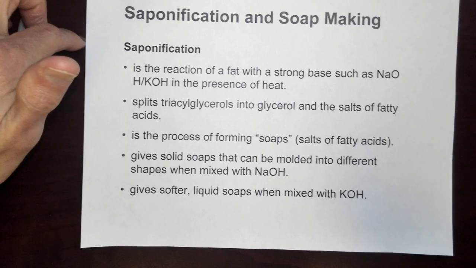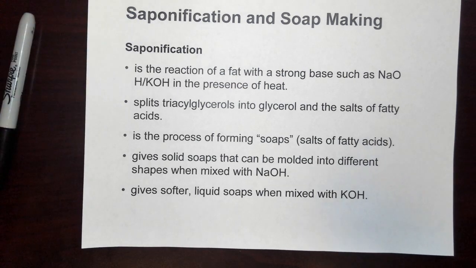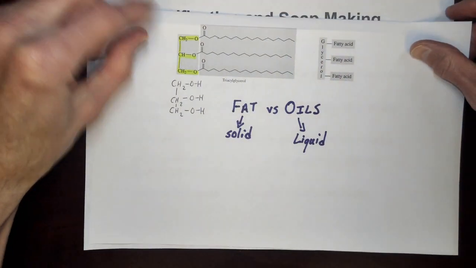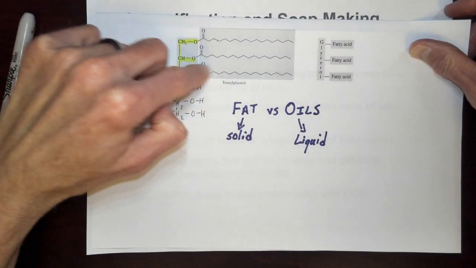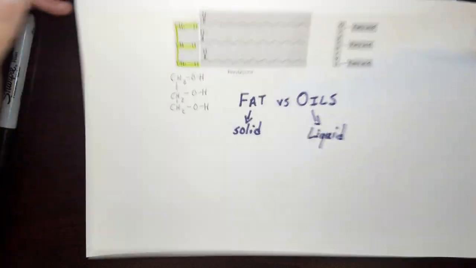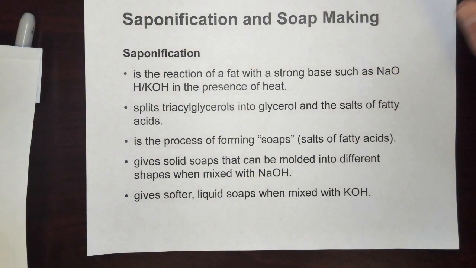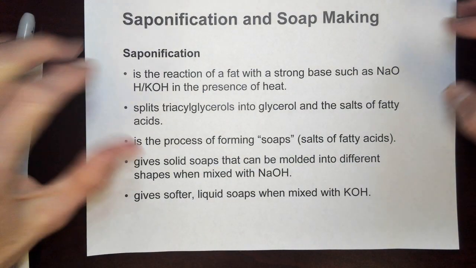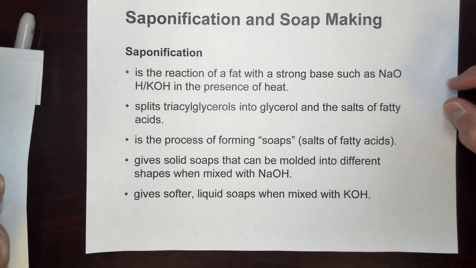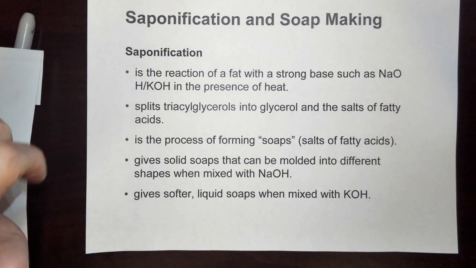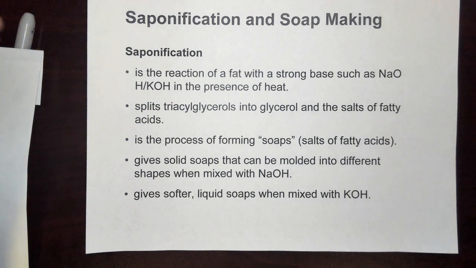Saponification is soap making. So we take our fat, okay, we can take our triglyceride and we can react it with strong bases. The most common ones we use are sodium hydroxide and potassium hydroxide in the presence of heat.